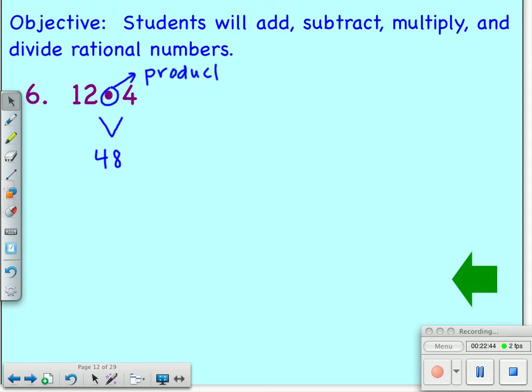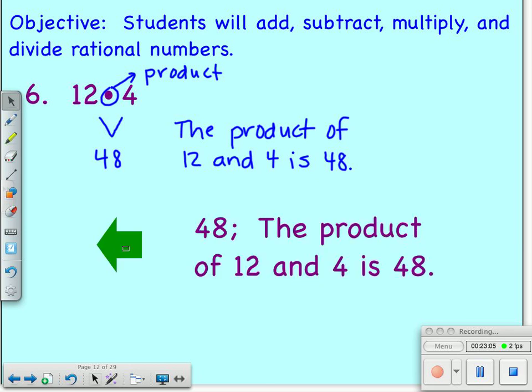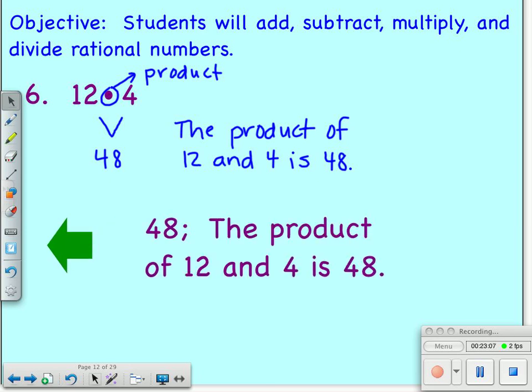So we have the product of 12 and 4 is 48. And we'll check our work. The product of 12 and 4 is 48. Good.